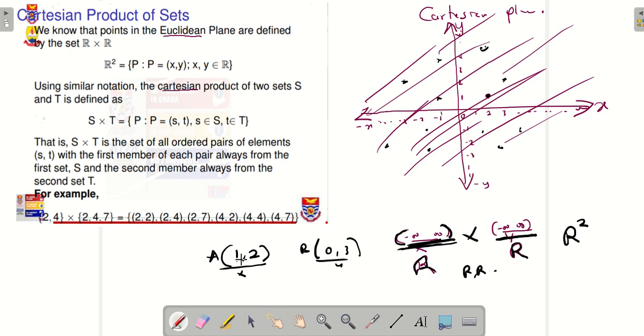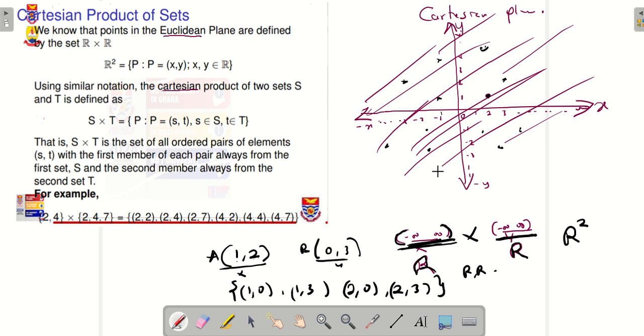It means that I can pair 1 with 0. I can also pair 1 with 3. I can pair 2 with 0. And I can also pair 2 with 3. So what have I gotten? You can see that I have gotten 4 different ordered pairs.